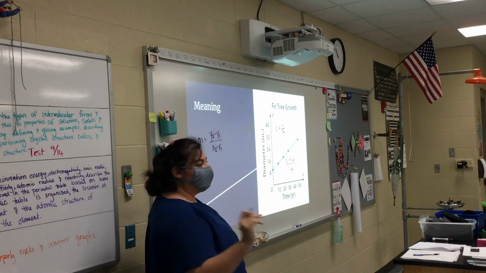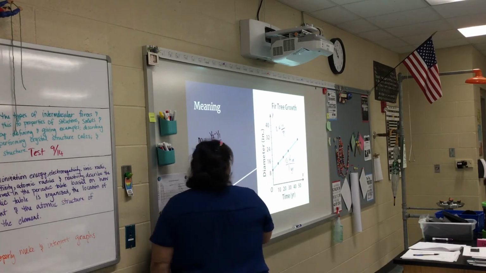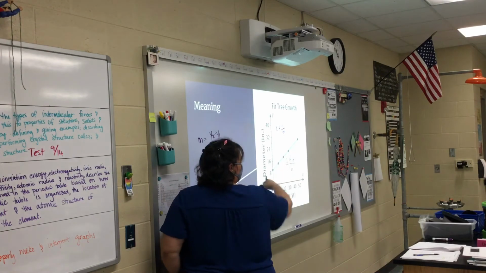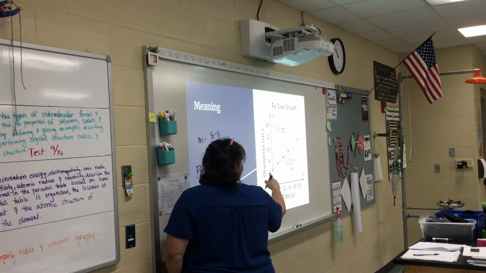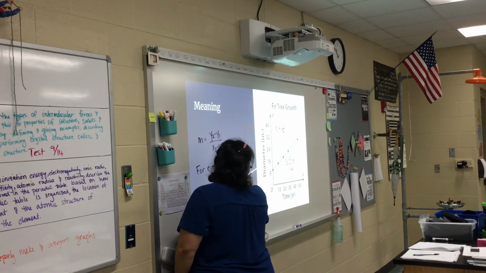All right, so let's interpret this. I'm going to help you out with this one. For every, we're going to start with the denominator. How many? 1, what unit? Year.